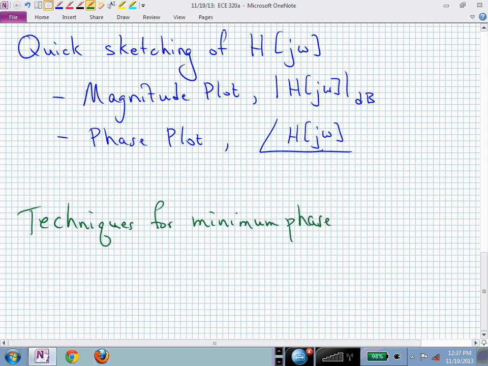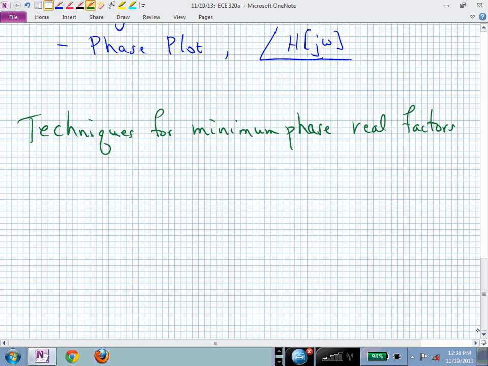And since we are allowing poles and zeros on the imaginary axis, I'm going to say that these are techniques for minimum phase, let's say real factors. We also could have complex factors, but in this class, just for simplification purposes, we're actually going to turn those into two real poles, and we'll talk about how we do that.